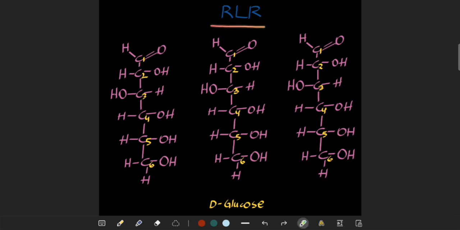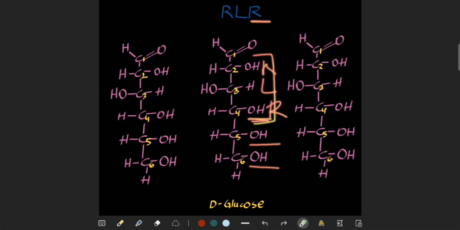That means this is the first carbon which has the aldehyde group, and then the second carbon has an OH to the right side, so I've written R. In the third carbon, the OH is on the left side, so I've written L. Again, in the fourth carbon, the OH is on the right side, so I've written R. This is going to remain the same. The only things I am focusing on are these three, R, L, R, right?